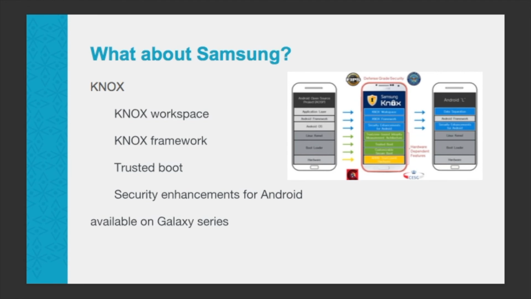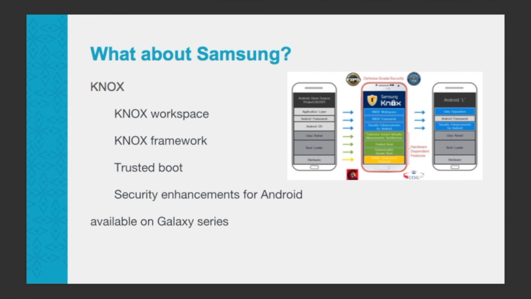Let's talk about Samsung. What Samsung did is they took stock Android, put a bunch of stuff in it, and deployed it to their devices. What this bunch of stuff is, is Knox. They call it Knox. This is basically an enterprise solution for Android phones, and I will glance through these four parts.